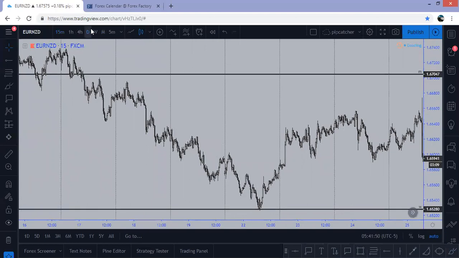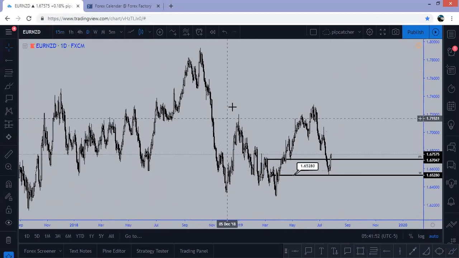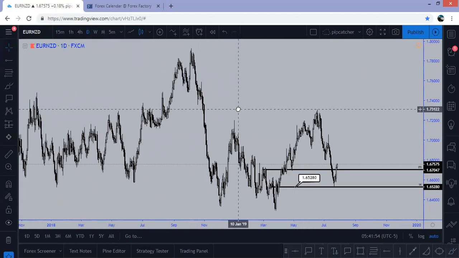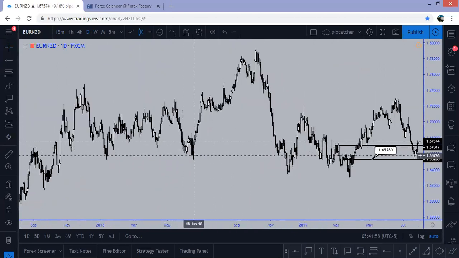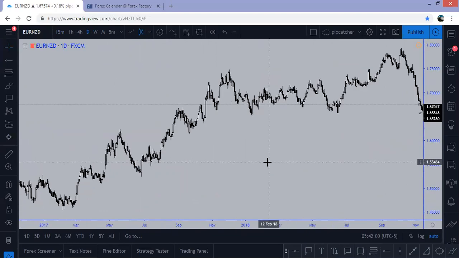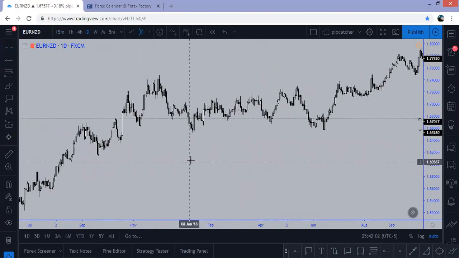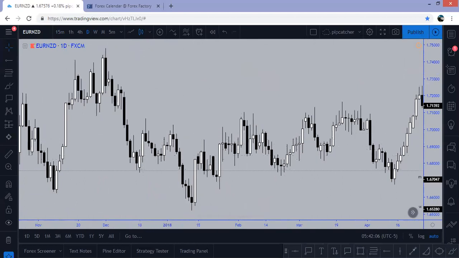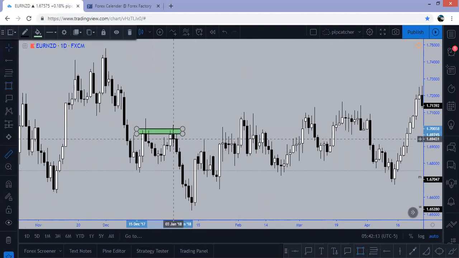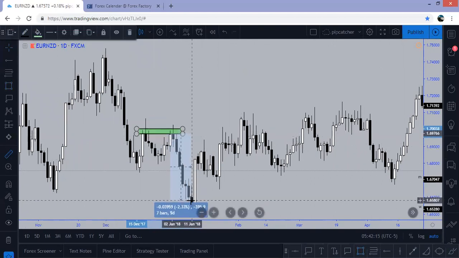So let's go to the daily again real quick. And see, so look, say right here, here's a double top, okay? Here's a double top right here, right? They got their profit. It came down 400 pips.